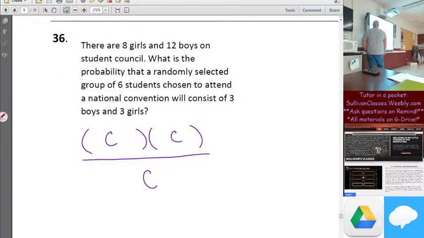So we've got 3 boys out of 12. 12 choose 3. We've got 3 girls out of 8 girls. Hold on, I'm talking to the internet. I've got 8 girls, we're choosing 3. Grand total, that means I have 20 choose 6. Then I just jam it in my calculator. That's it.